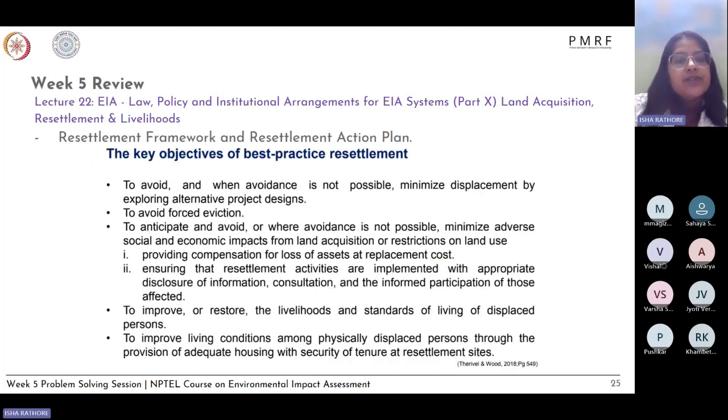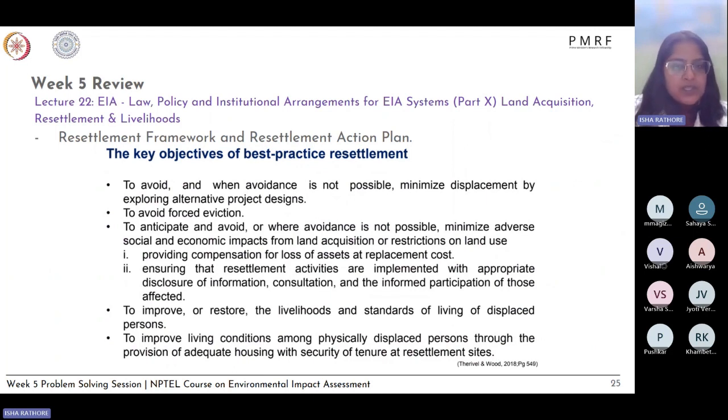So the resettlement framework and resettlement action plan were also discussed. The key objective of best practice resettlement, as identified, is to avoid displacement. And when avoidance is not possible, minimize the displacement by exploring alternative project designs to avoid forced eviction, to anticipate and avoid, or where avoidance is not possible, minimize the adverse social and economic impacts from land acquisition or restrictions on land use.